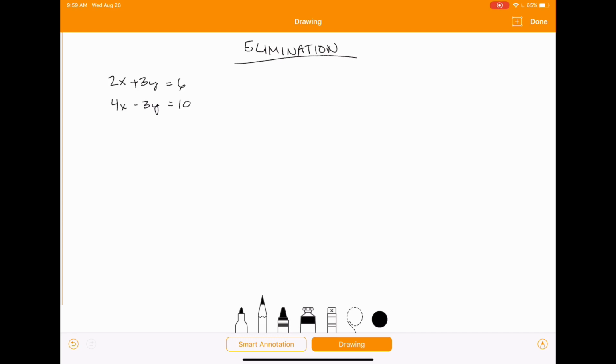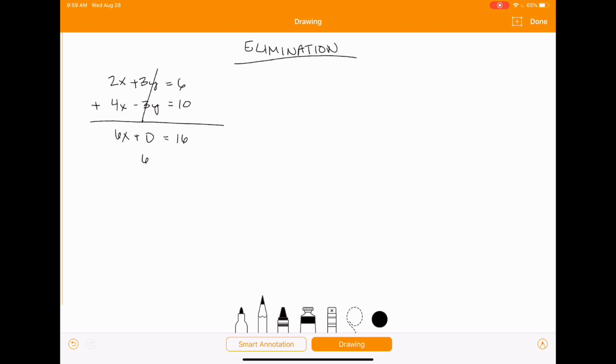And what you're going to do for elimination is you're just going to add these equations together. So combine your like terms in both of these equations. So 2x plus 4x is going to be 6x. And as you can see here, 3y minus 3y, that's going to go away. So you're just going to be left with a plus 0 right there, and you've completely eliminated your y. And then that equals 16.